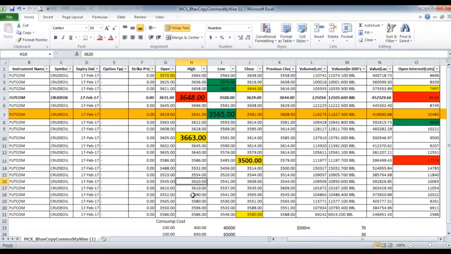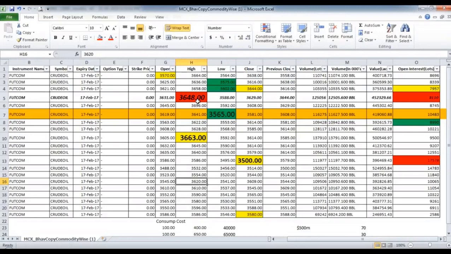On this particular day, it closed pretty much inside this level. So what was the likelihood that it should go to around 36.46, 36.48, 36.50 levels, correct? That is what should happen.